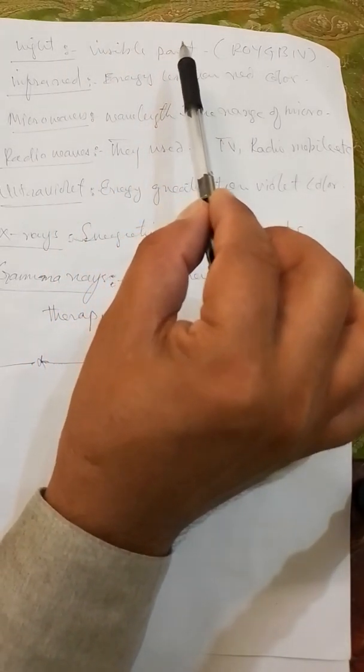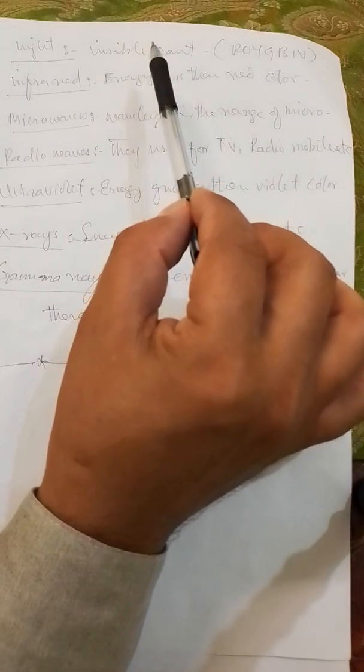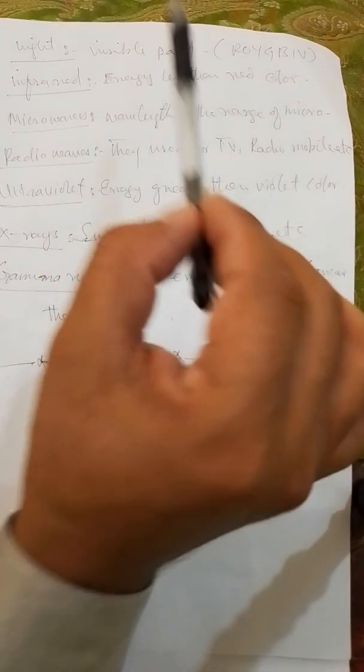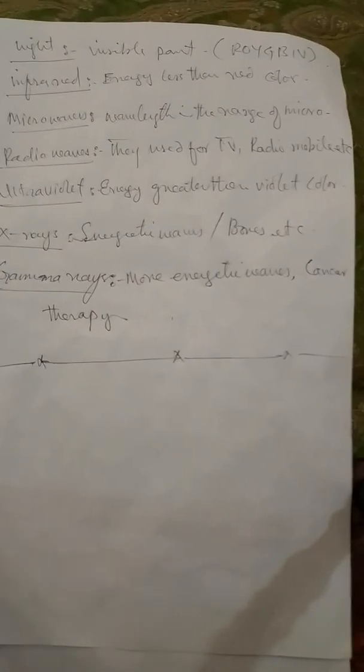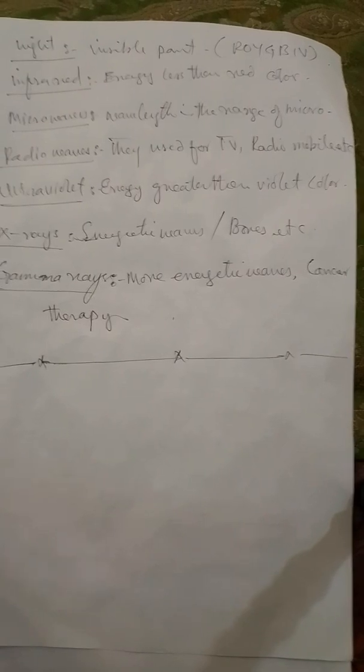The wavelength of the visible region ranges from about 400 nanometers to about 700 nanometers. The wavelength of the violet color is 400 nanometers and the wavelength of the red color is 700 nanometers. So the visible part of the electromagnetic wave has wavelengths ranging from 400 nanometers to 700 nanometers.